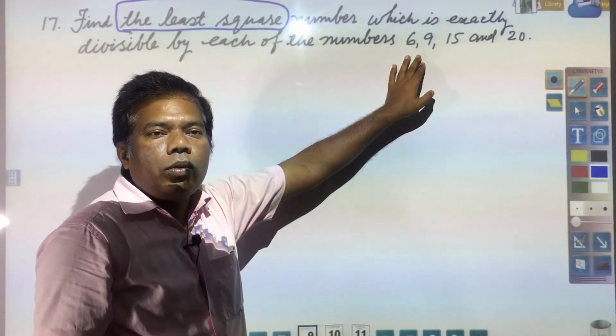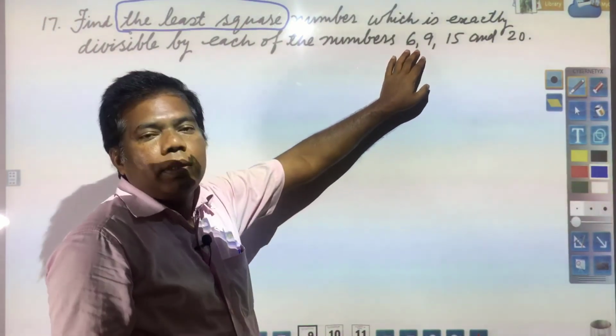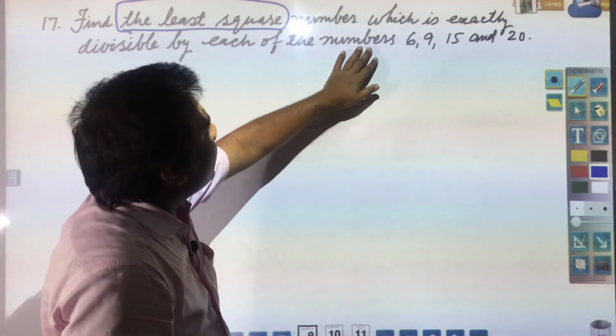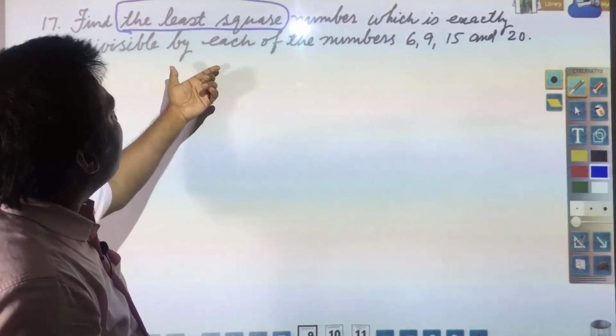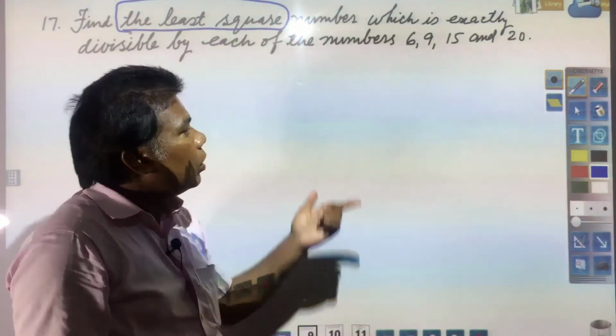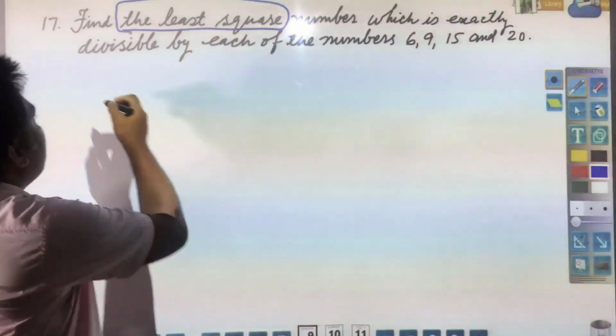Then what would you do? You would find out the LCM of these numbers. So, after finding out the LCM, you need to see the perfect square number. So, first you find out the LCM of these numbers.